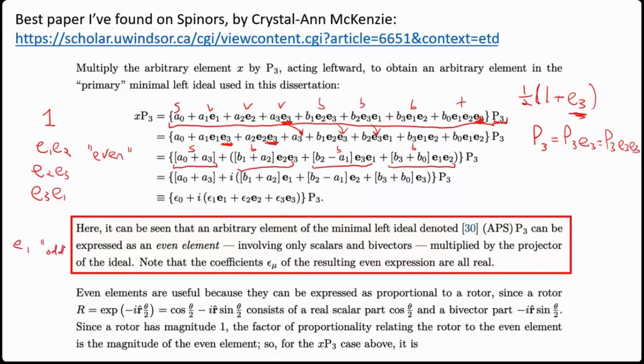The odd would be these because they have 1 or 3. So do people follow that? Basically, because of this Pac-Man property, when you use the projector, you can rewrite everything in terms of even grade members. You can change an odd member into an even member by either taking away an E3 or putting an E3 in.